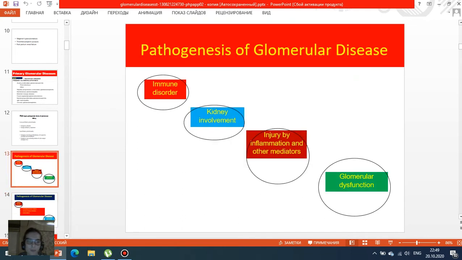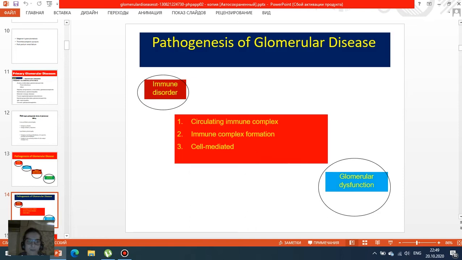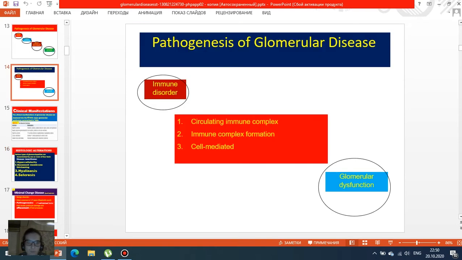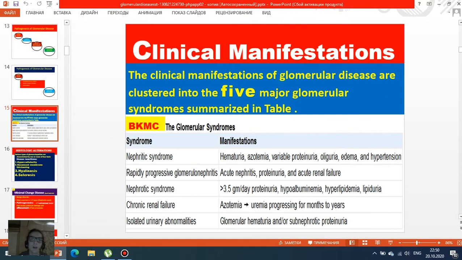When we have immune disorder, we also have circulating immune complex with immune complex formation and cell-mediated injury, and finally glomerular dysfunction.